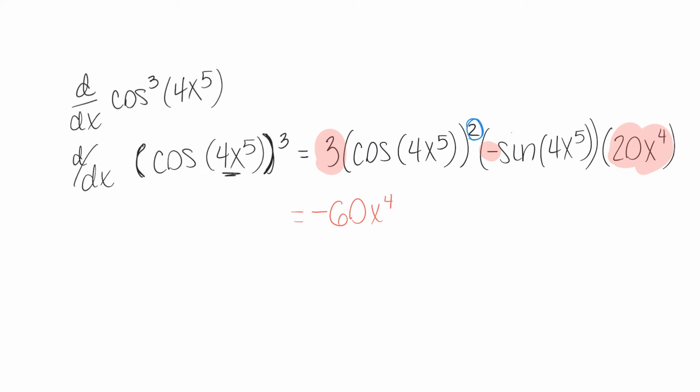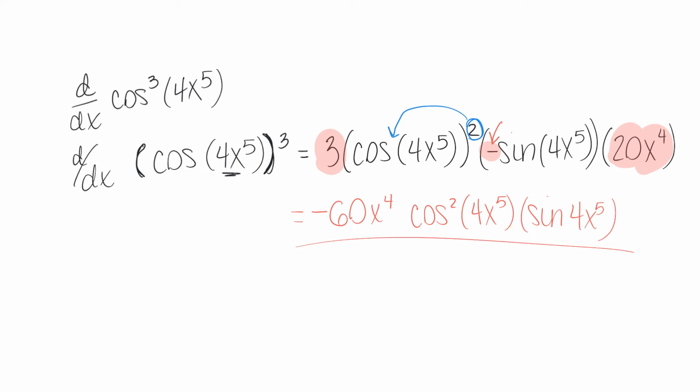Now this squared, I'm going to draw down here. So times the cosine squared of 4x to the 5th times sine 4x to the 5th. I'm not using that negative, right? Because I already put it on the 60. That's game. Good work.